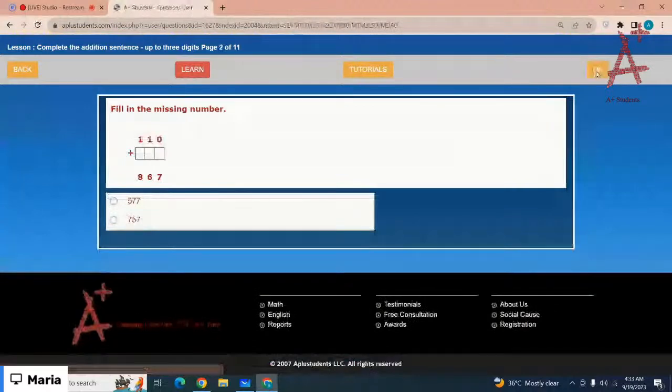Okay, the next one is 110 plus missing number equals 867. So which is the correct option? How do you find the missing number? You have to subtract 110 out of 867, right?